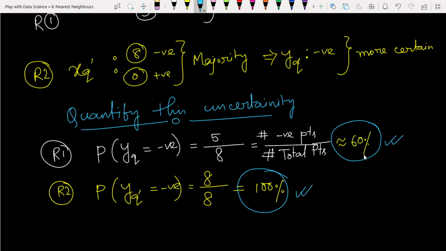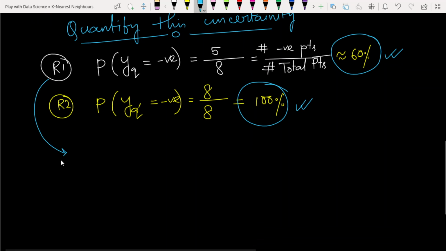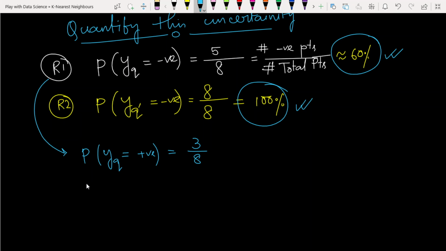We just say that our class label will be negative, but not how certain we are. A degree of certainty in our calculation is more useful for practical and application purposes. Similarly, we can calculate for R1: if we are interested in the positive class, the probability will be 3/8, which is near about 40%, and for xq dash the probability of positive will be 0%.